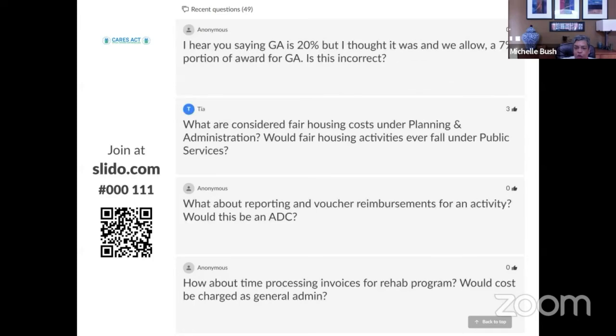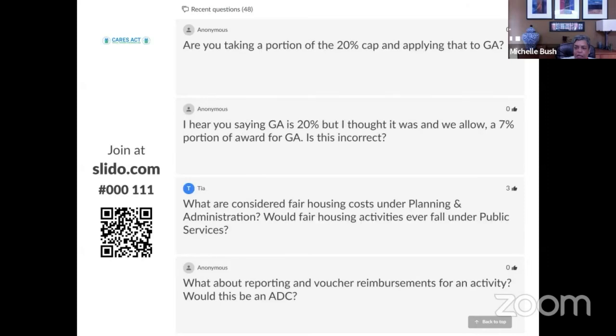I would encourage you to look that up on the HUD Exchange or just Google it. There's a chart at the end of that guidance that gives very specific examples of what's general admin and what's activity delivery costs. And processing invoices is spelled out as an activity delivery cost, not general admin.